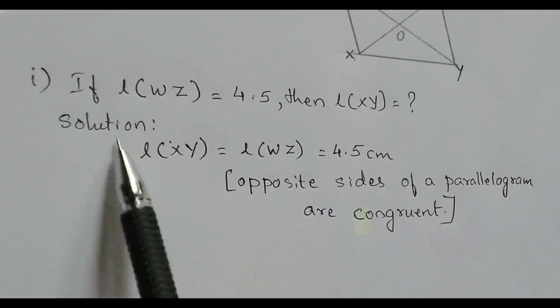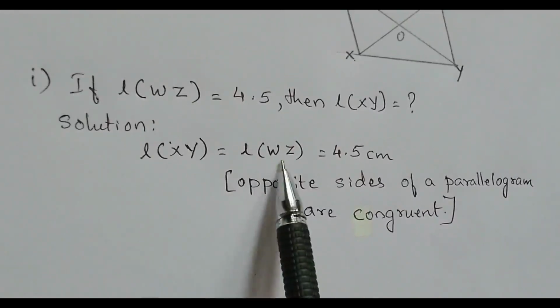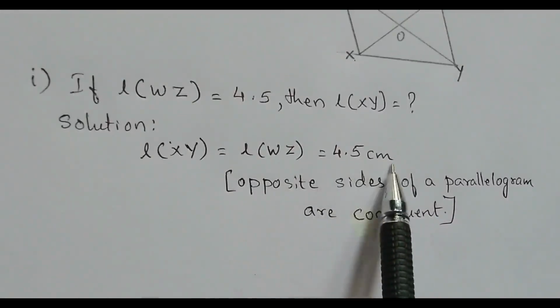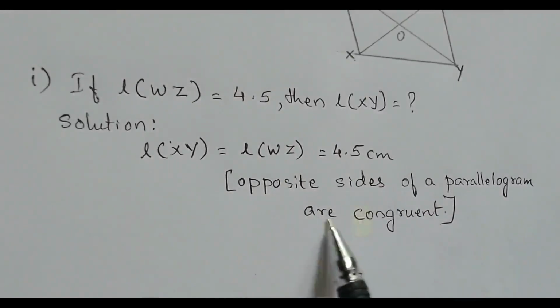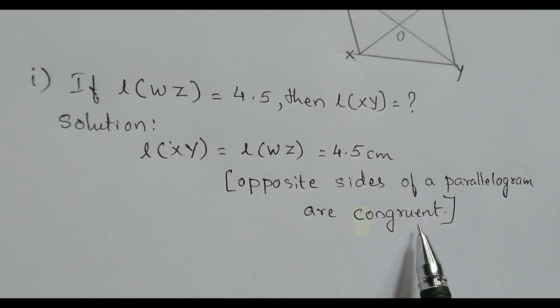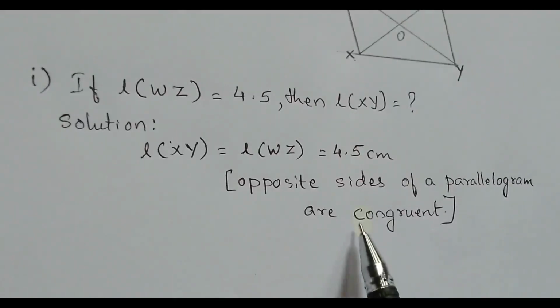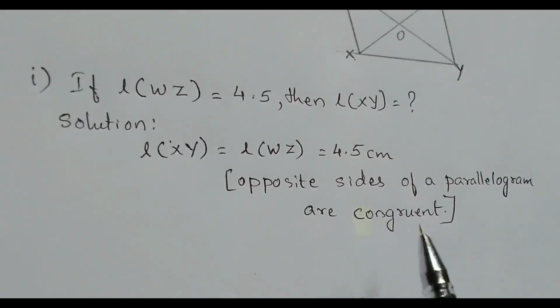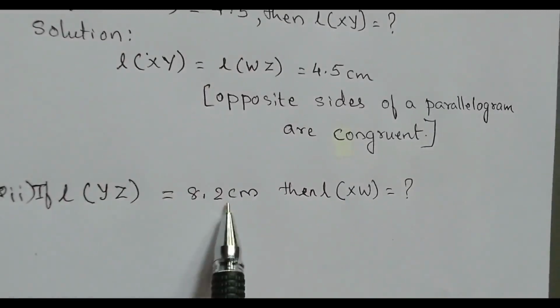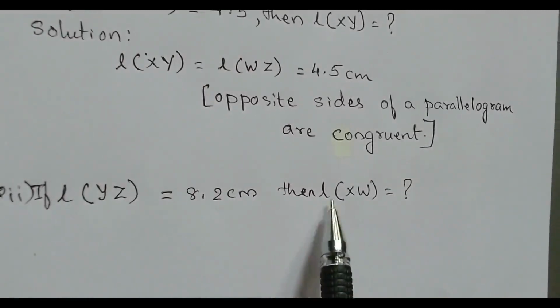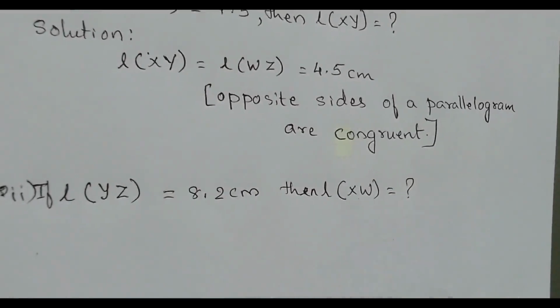So the solution is length XY is equal to length WZ is equal to 4.5 centimeters because the opposite sides of a parallelogram are congruent. It's important that you write the reason. The second question, if length YZ is 8.2 centimeters, then what is the length XW?